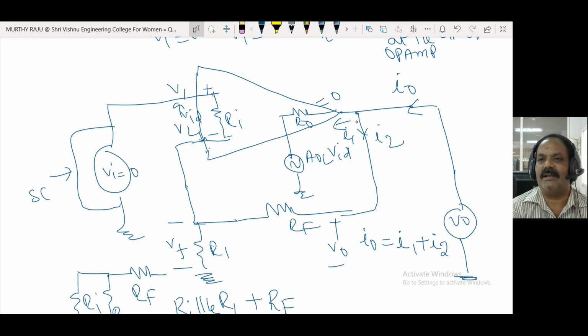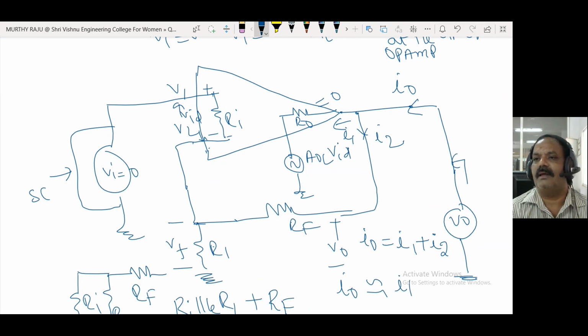Therefore, R naught is a low value. The current I1 is directed towards the low resistance value, not the high resistance value. That is the reason I1 is more current compared to I2. Therefore, I naught is approximately equal to I1.